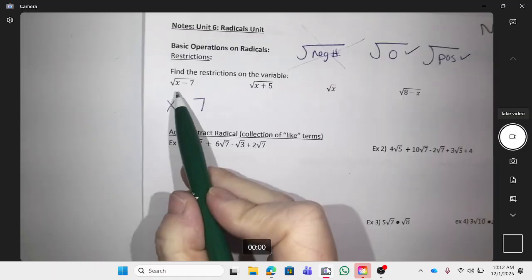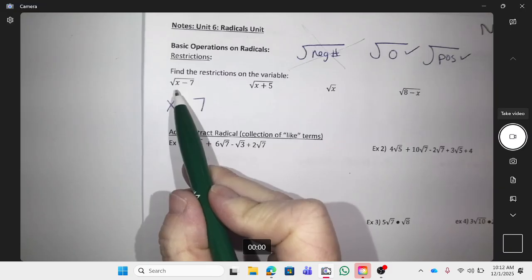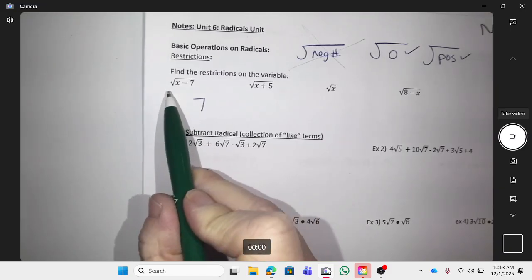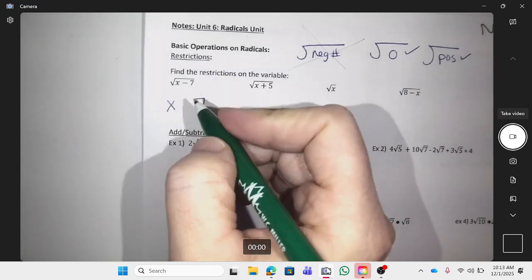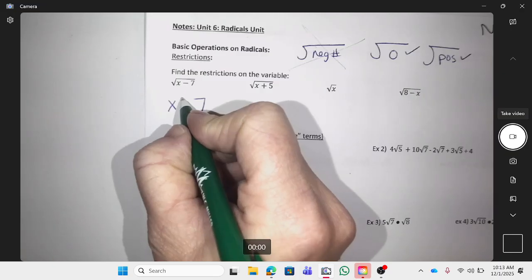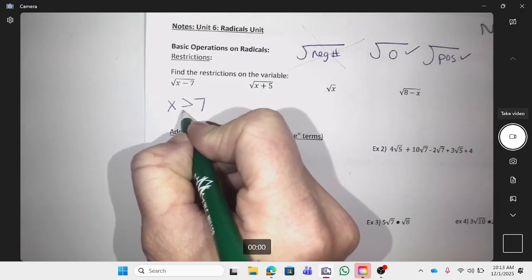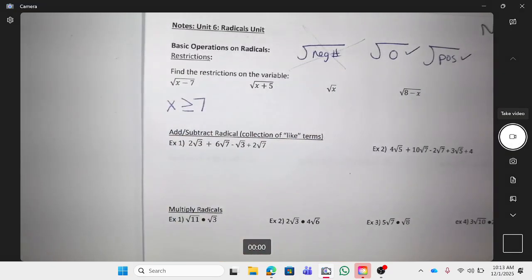Would it be okay to have an 8, 9, 10? Yeah. Would it be okay to have lower? Would 6, 5 be good? No. So I want to keep it above or on 7. Does that make sense with the inequality?